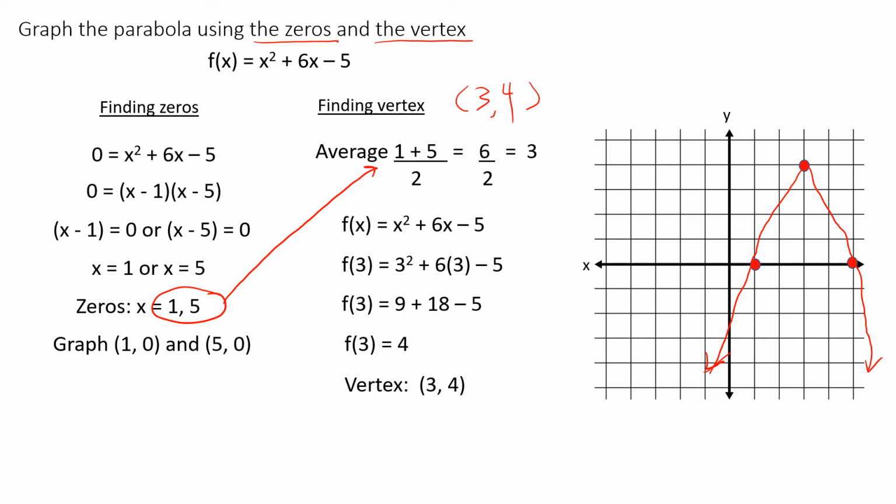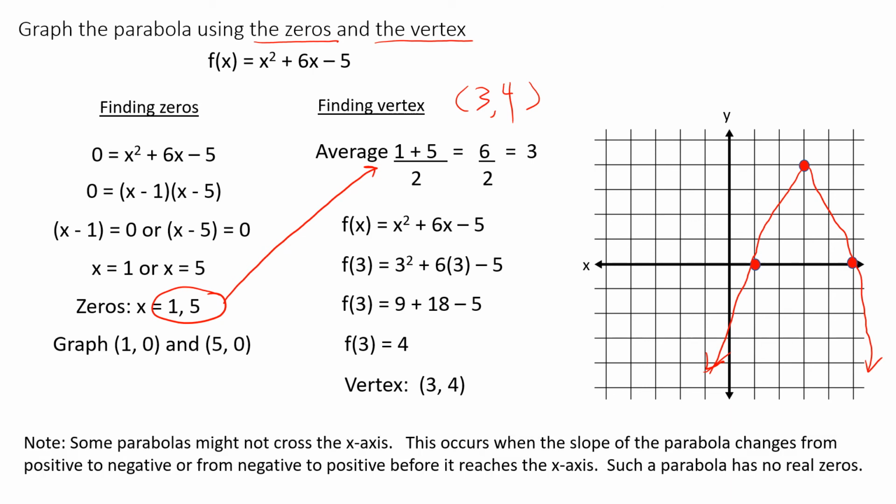Now, some parabolas might not cross the x-axis. Like these cross the x-axis right here and here. This is our x-axis. A parabola fails to cross when the slope changes from positive to negative, or from negative to positive, before it reaches the x-axis. So such a parabola has no real zeros. For example, I could have a parabola that looks like this.